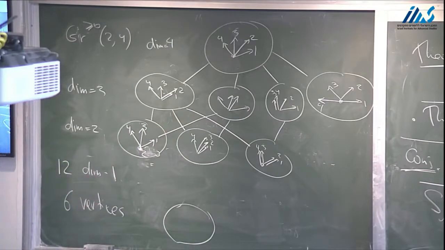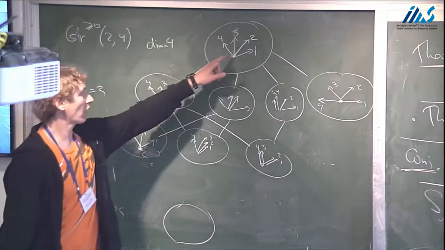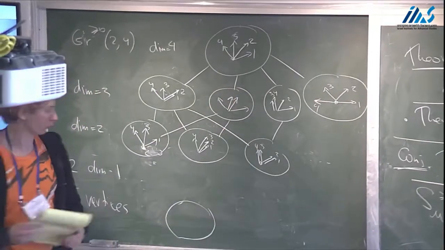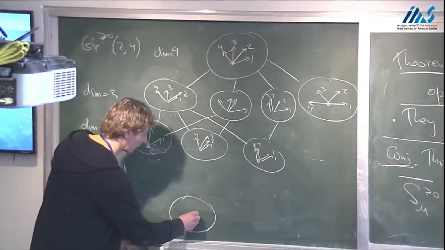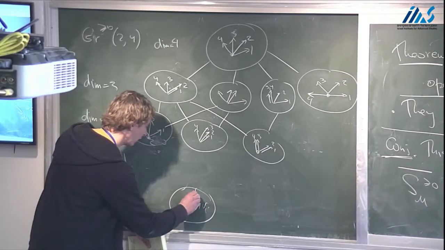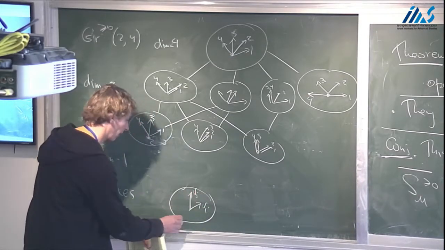So you cannot make all of them 0, but at least 2 of these vectors should form a basis. Everything else can be 0. So the 0-dimensional cells look like this: you have Vi, you have Vj, and everything else is 0.